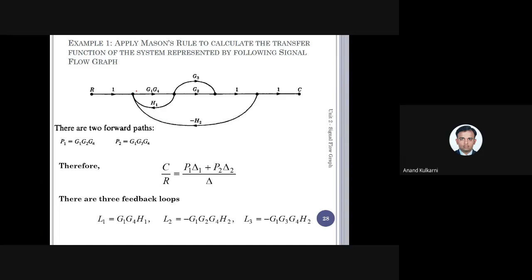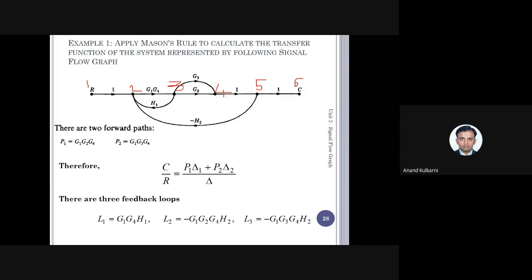This is 2, this is 3, this is 4. Since I'm writing with this mouse, it is slightly difficult, but just understand this. Now, loop 1 is 2, 3, 2.